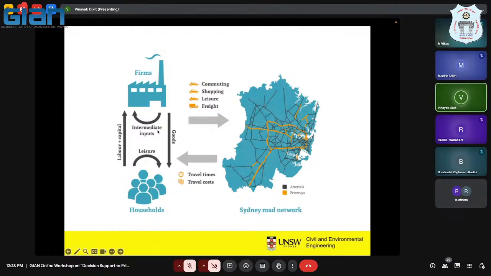We are doing an iterative CGE transport model where we run the CGE model, then the cost from the transport model comes here, then we run the CGE model, and it gives me new origin destinations. I run the transport model, get the costs, and we just iterate until it converges.